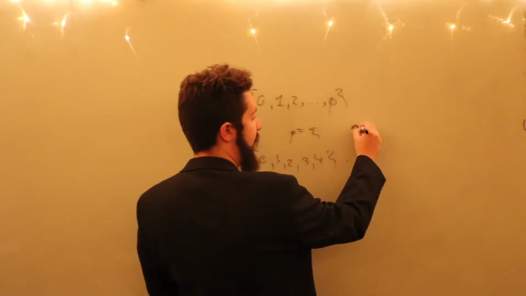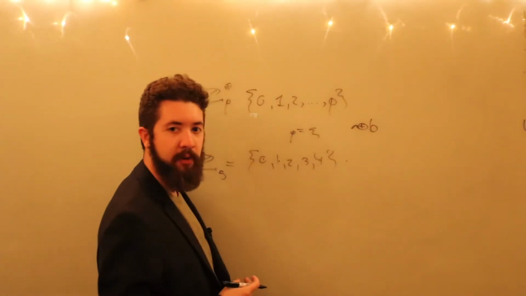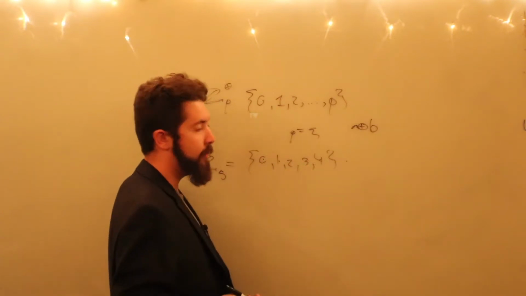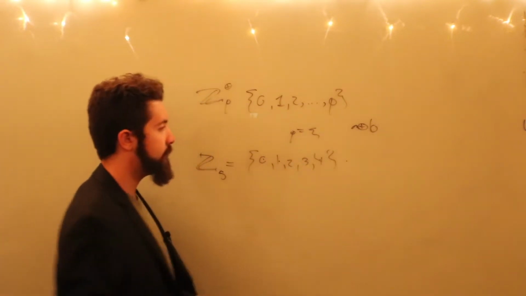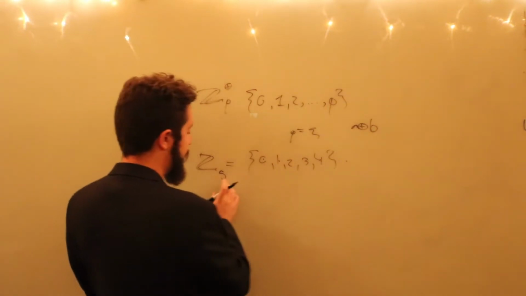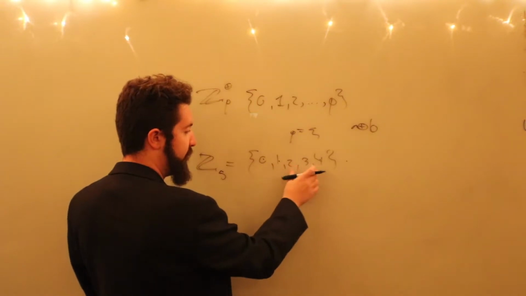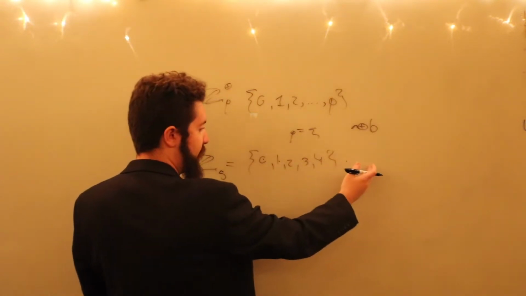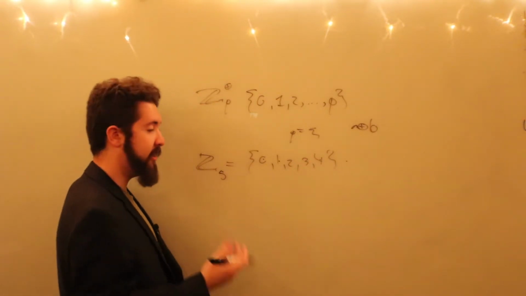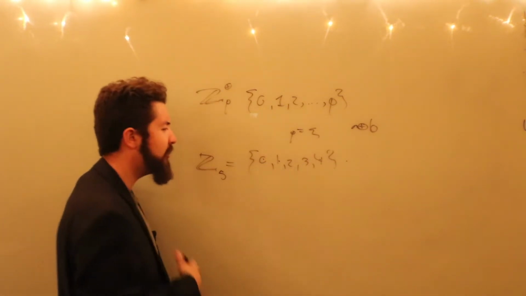So for any A and B, we'll use this symbol to denote A plus B mod P. Well, how do we know it's a group? To look at the example of Z5, no matter what two numbers you pick here, whatever they add to, you can take the remainder by the division algorithm, and it's going to give you something which is in here. So clearly it's closed.